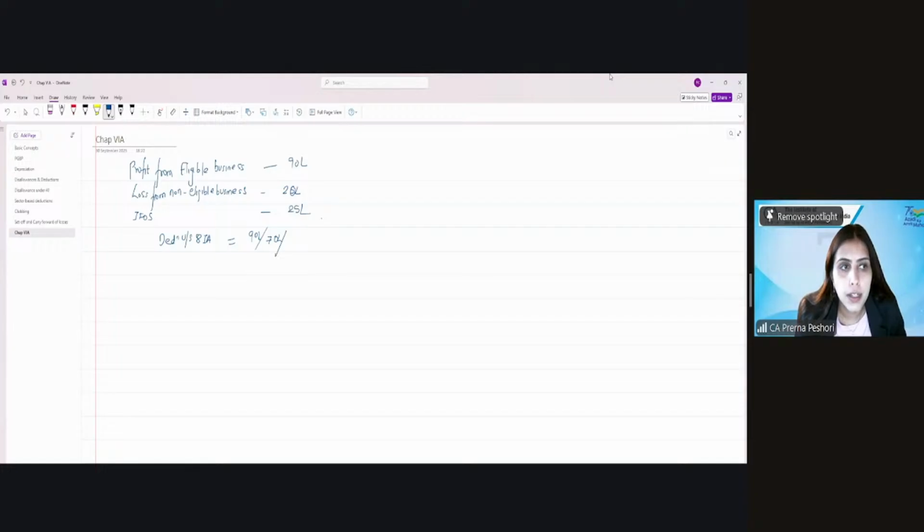One person has said it will be 90 lakh. What are the other views? 90. Only this particular business income, other income is not allowed. Everybody is of the same opinion that it should be 90 lakh.